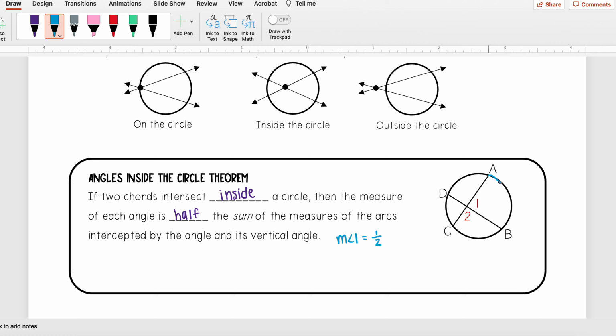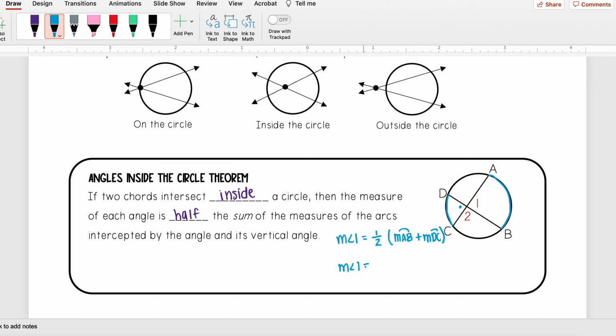So we see angle 1 intercepts arc AB plus the arc intercepted by its vertical angle. So remember, the vertical angle is this angle right here, and its intercepted arc is DC. So angle 1 would equal half of measure of arc AB plus measure of arc DC.